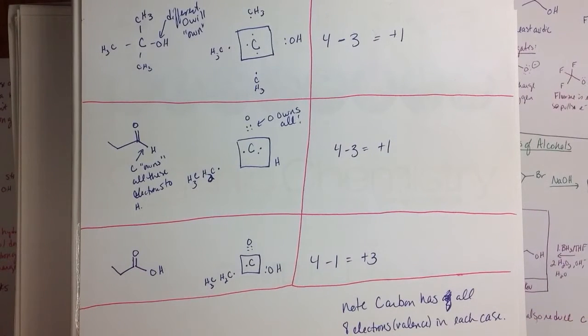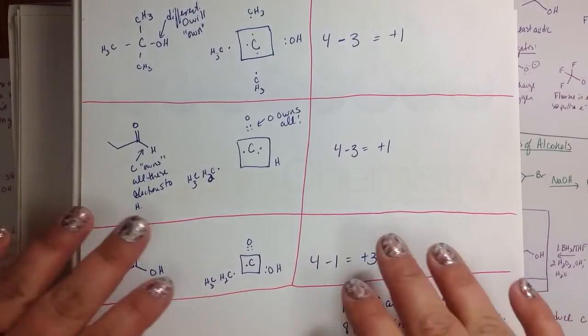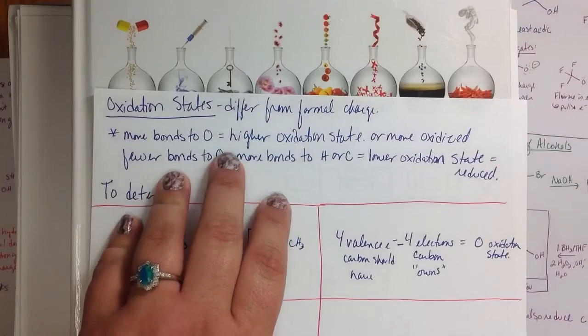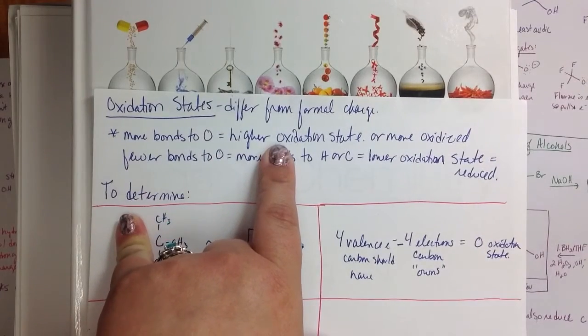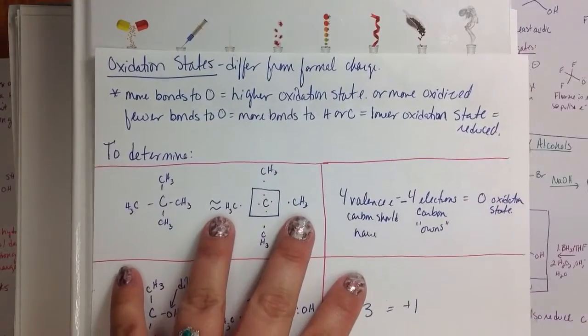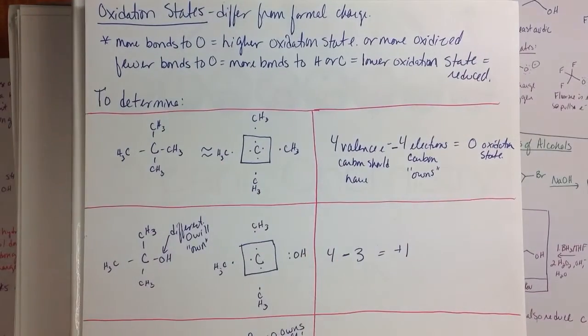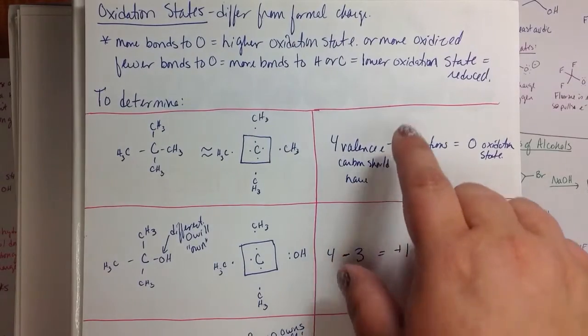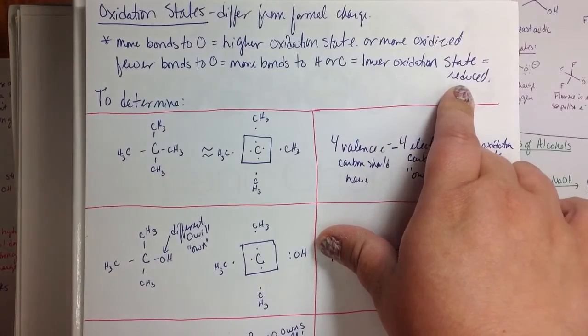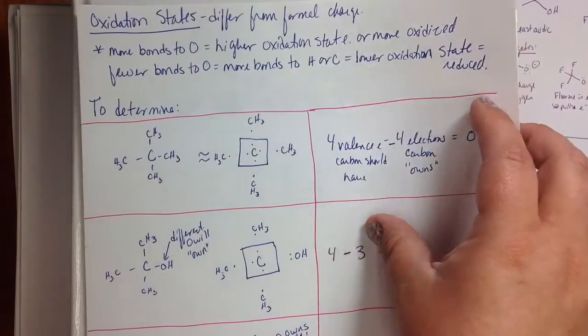Here's the long and short of it, guys. If you have more bonds to oxygen, it's going to be a higher oxidation state, or your molecule is more oxidized. That just makes sense, right? If you have fewer bonds to oxygen, then that means that you've got a lower oxidation state, or it's more reduced. That's what those terms mean, okay?